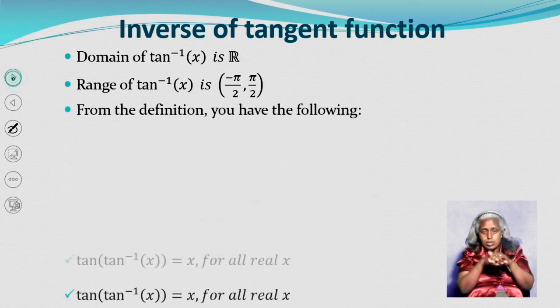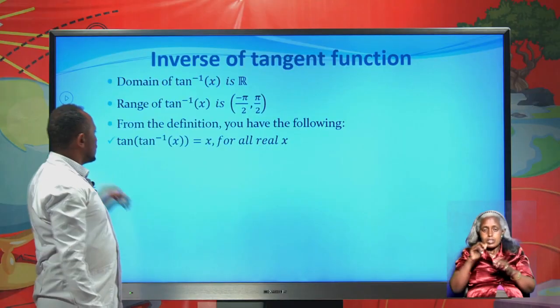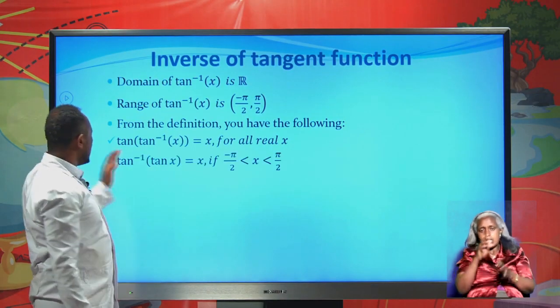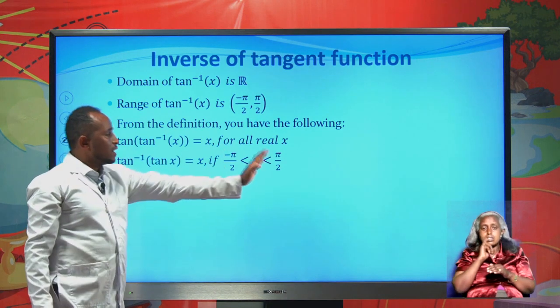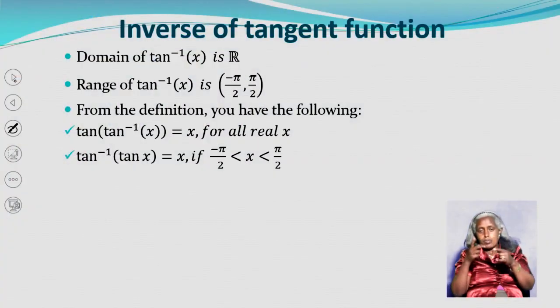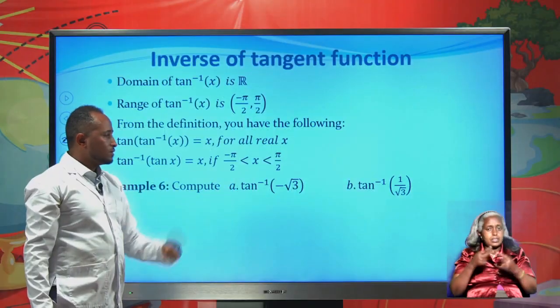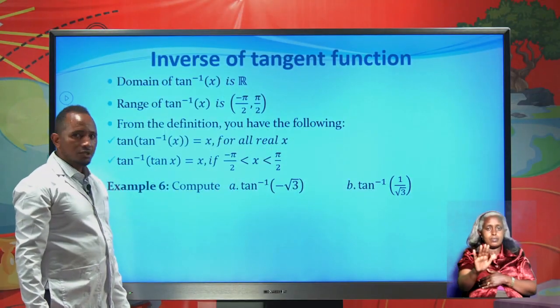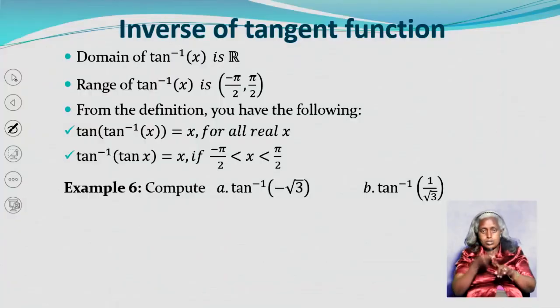From the definition, we have tan of tan inverse of x gives you the real number x, and tan inverse of tan x is equal to x. In this case, x is the angle, so the angle ranges between negative pi over 2 and pi over 2. So please try to compute this by yourself as we did for sine inverse and cos inverse. I'll leave these examples for you.